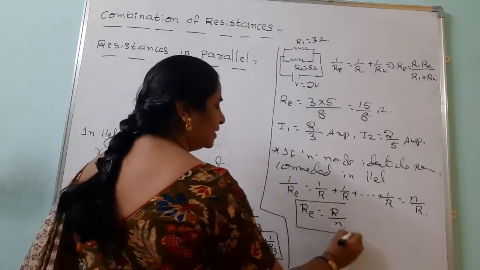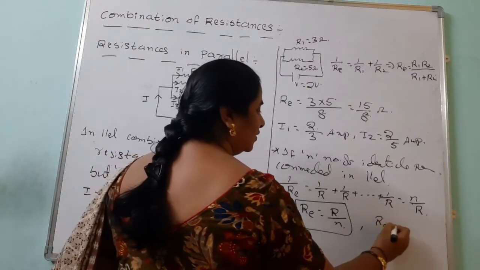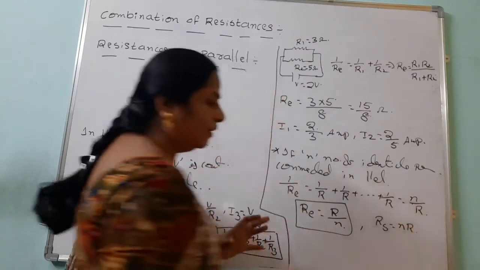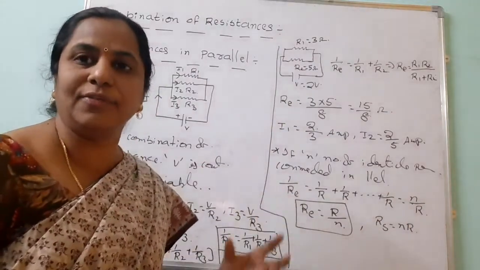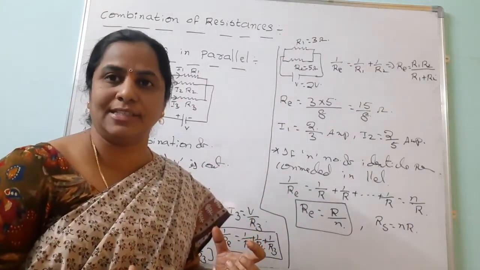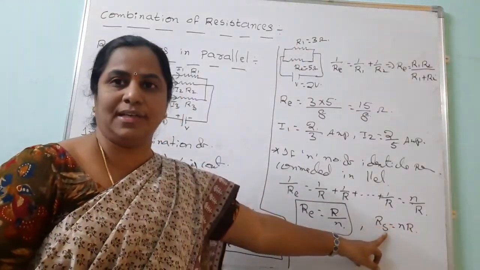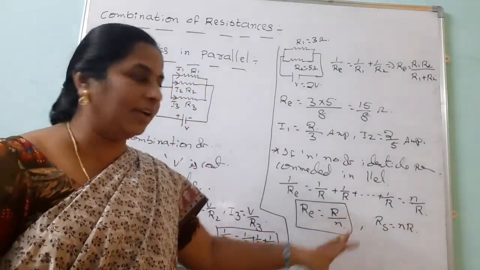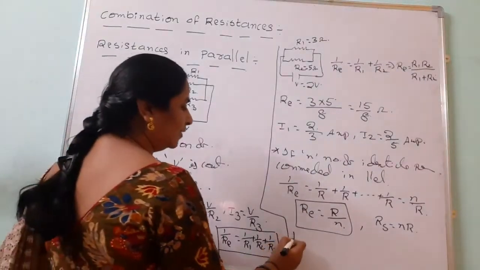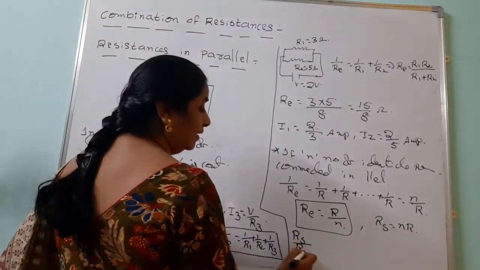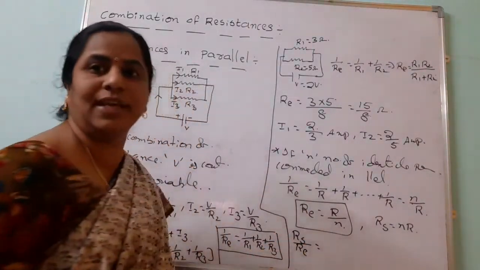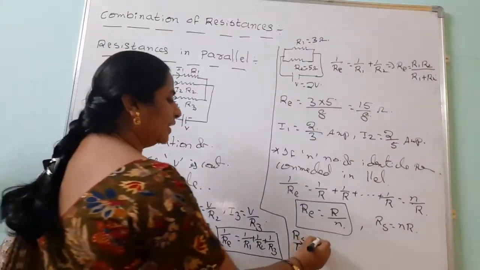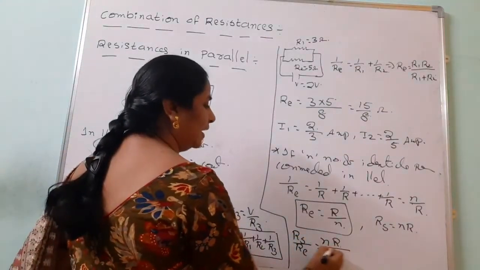When we take the series combination, how much do we know? n into R. When we go through the comparison, we get more resistance in series combination, it is n times R, but in parallel it is R by n. When we take the division of these, Rs by Rp: first all resistors are connected in series, what we get is effective resistance nR.